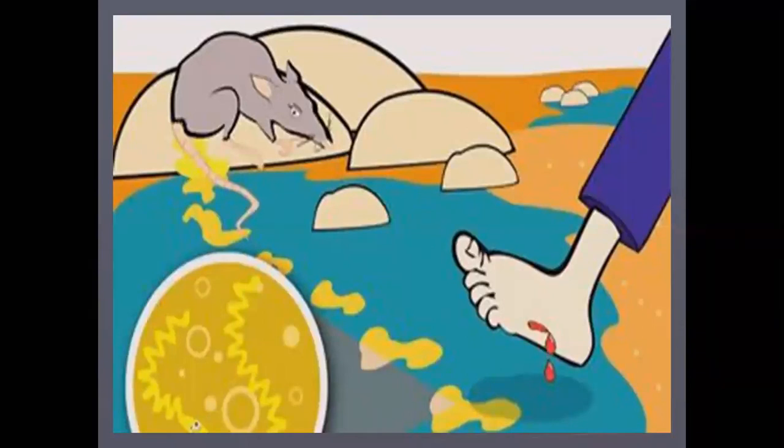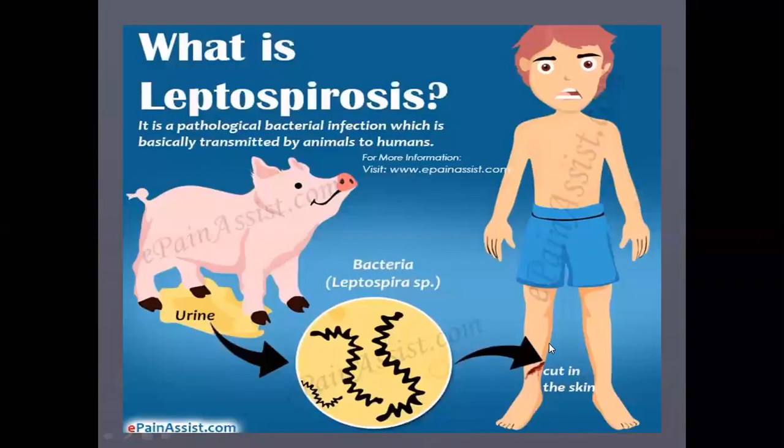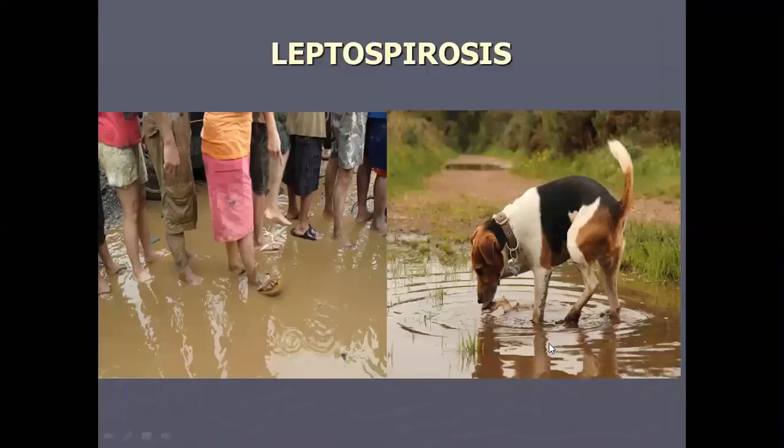So the source is the animal, the material is the urine, and even rainwater or marshy areas can be contaminated. Even a dog can excrete this organism in the urine, and this can contaminate the water.